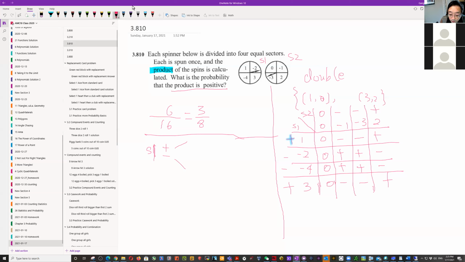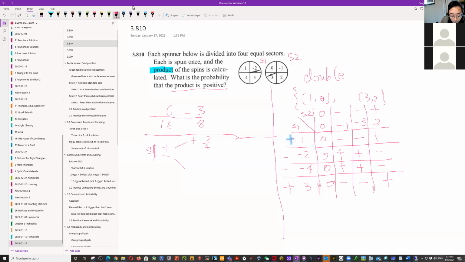If it is positive, it needs to be multiplied by positive to get a positive. The probability of S1 being positive is 1/2, because we have 2 equally likely outcomes out of 4.